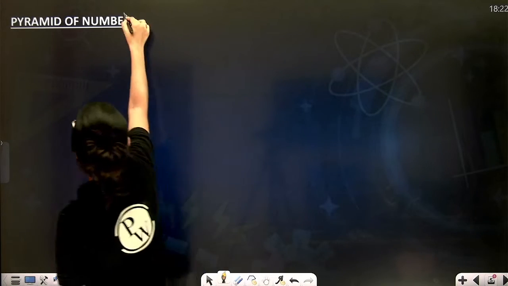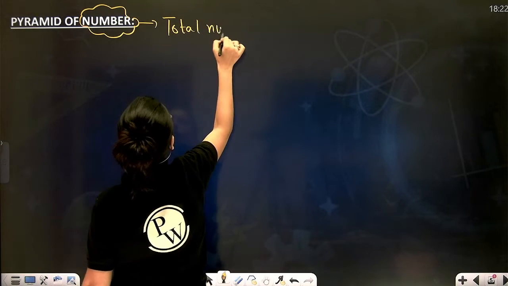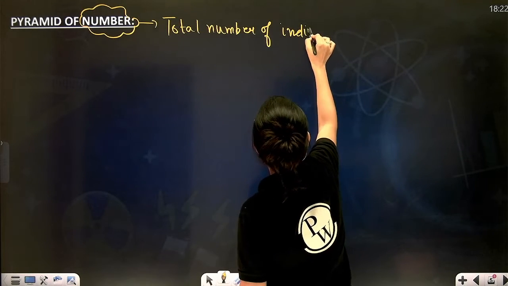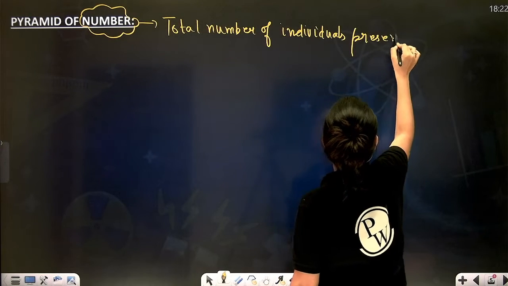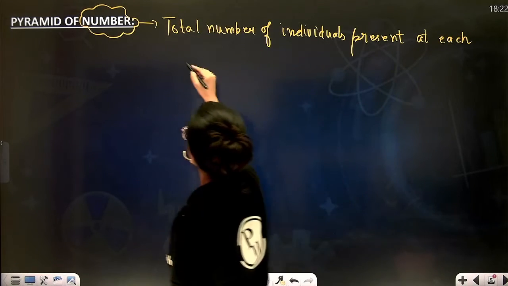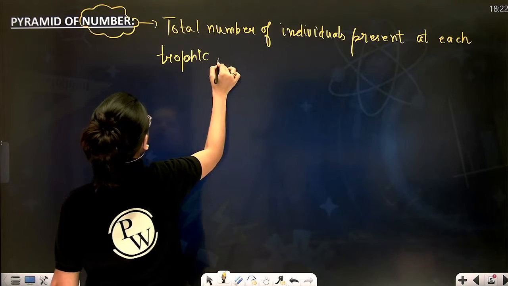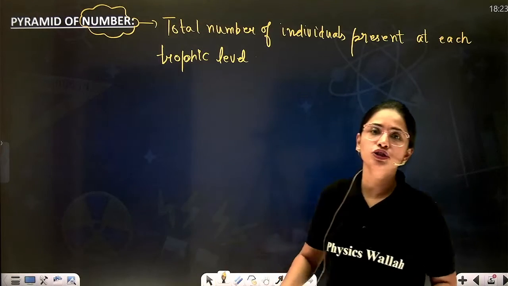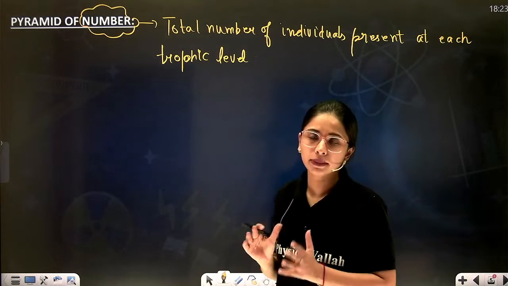So, pyramid of number means it is with respect to the total number of individuals present at each trophic level. So the total number of individuals present at each trophic level is known as the pyramid of number.